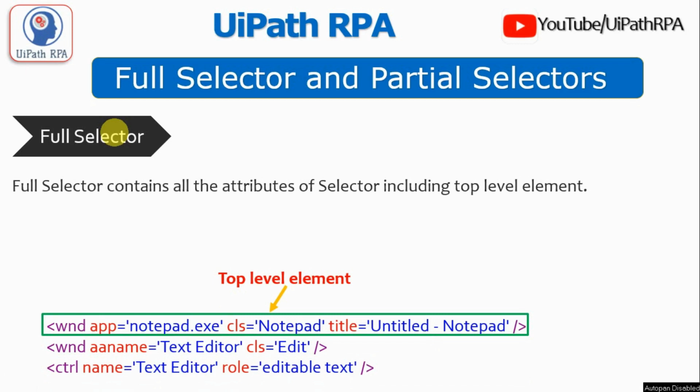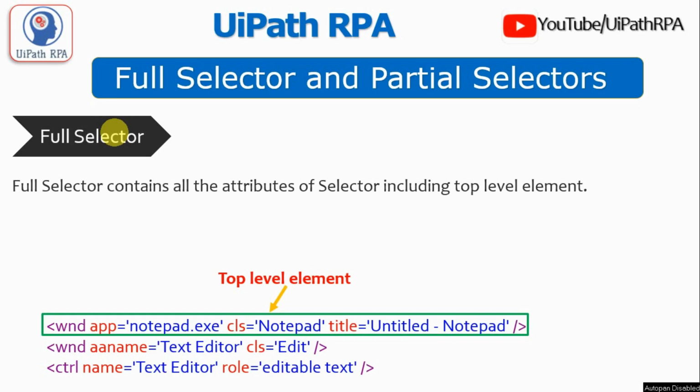Whenever we are going to automate any application, the selector shows the app name, like app equal to notepad.exe, the class of that notepad, and the title of that notepad. If you are using HTML web pages, then it will show HTML, app equal to chrome.exe, class equal to, and if you have opened any page, it will show the page and its title.